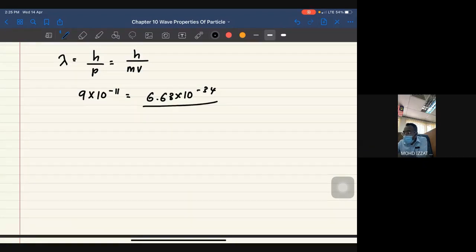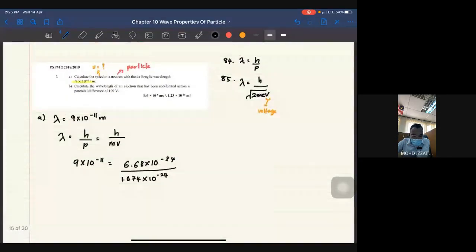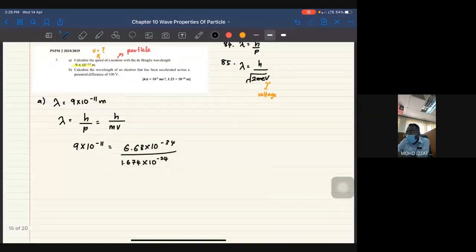Make sure you use the SI unit. So it will be 1.674 times 10 negative 24. Double check the question. Speed of neutron. So you have to use the mass of neutron. 27, not 24.